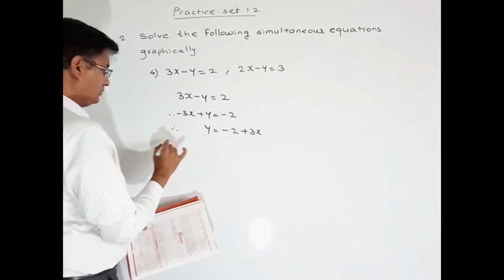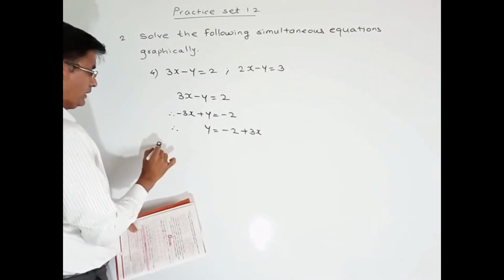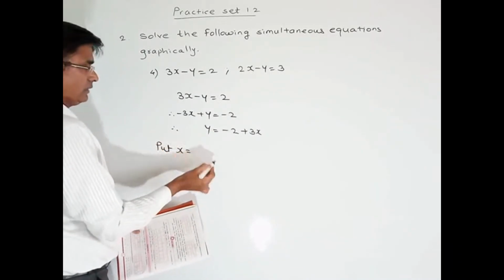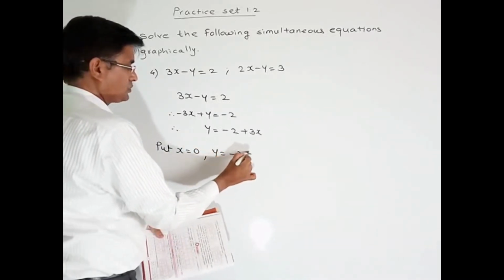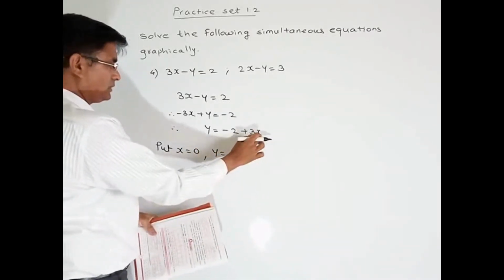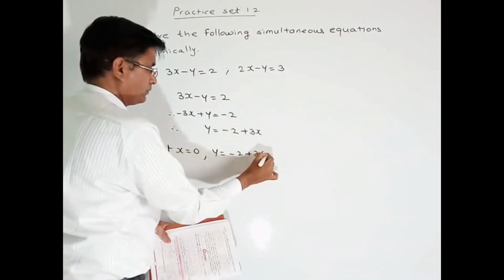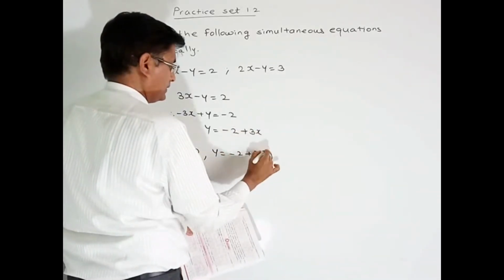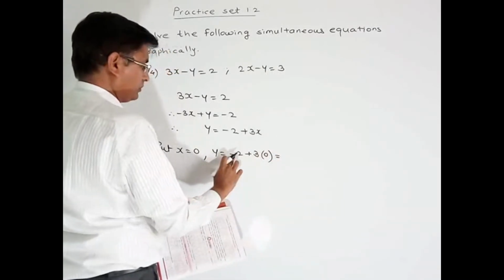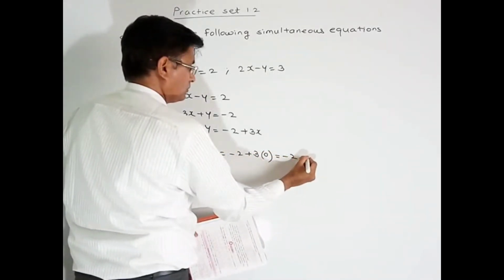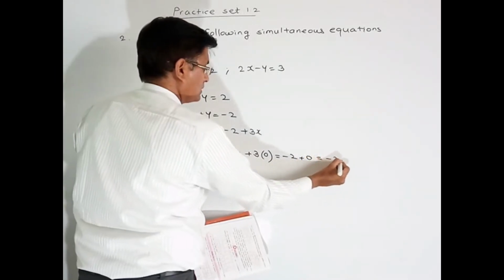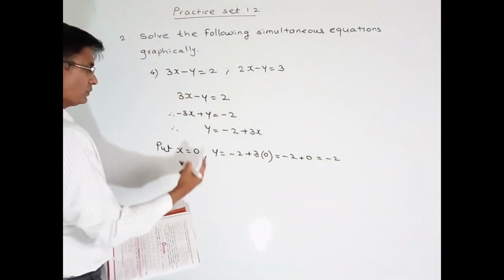Now take the value of x, I will take 0, so y is equal to minus 2 plus 3 into the value of x, which is 0, so minus 2 plus 3 into 0 is plus 0, so the value is minus 2.